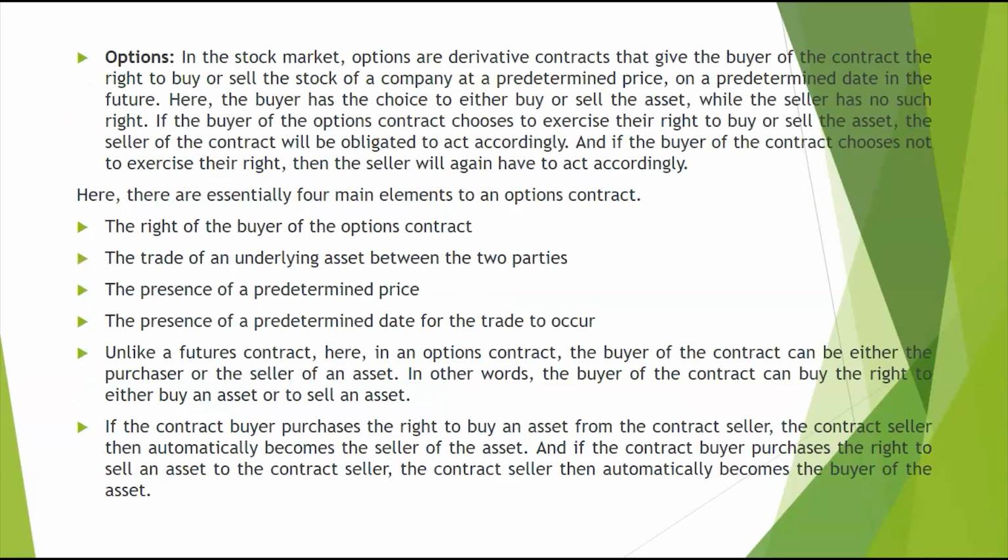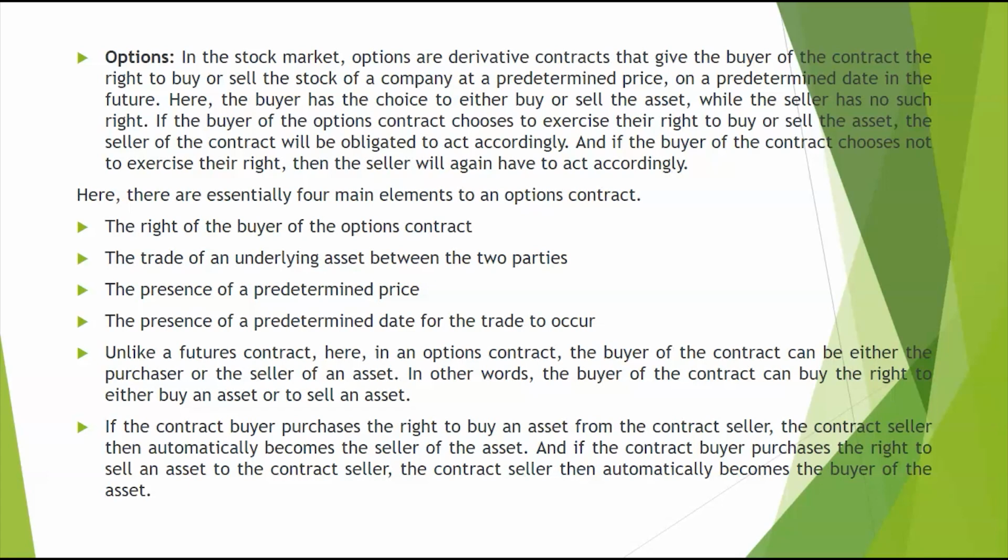Options. In the stock market, options are derivative contracts that give the buyer of the contract the right to buy or sell the stock of a company at a predetermined price on a predetermined date in the future. Here, the buyer has a choice to either buy or sell the asset, while the seller has no such right.